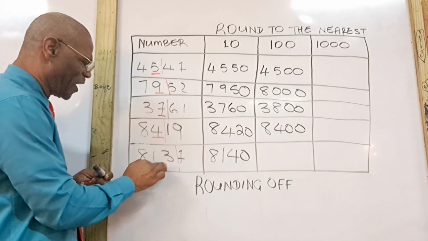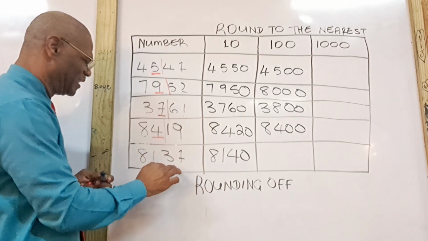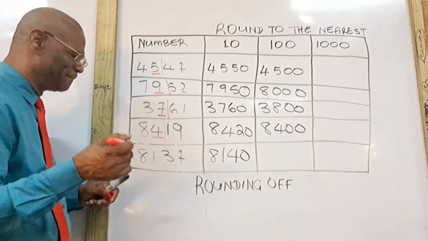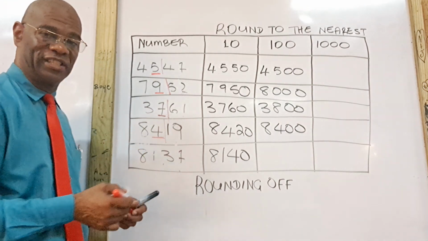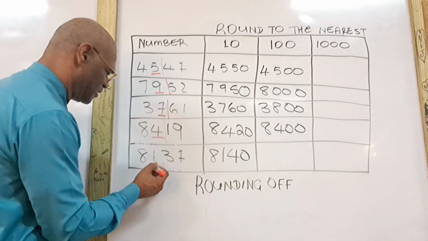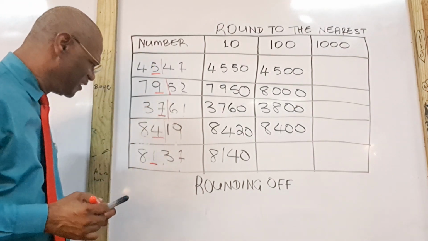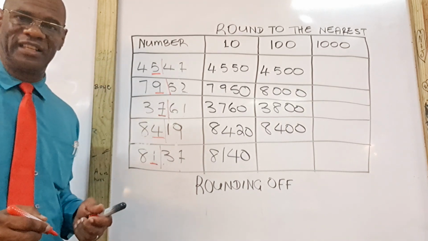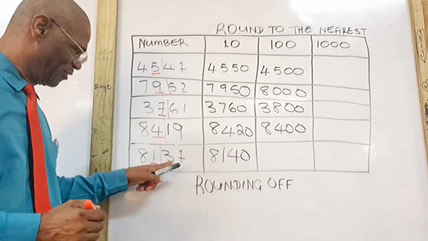Then let's go to this one. We have 8,137. Now, what digit is in the hundreds place? It is 1. Then we identify the digit that comes exactly to the right of that. It is 3.